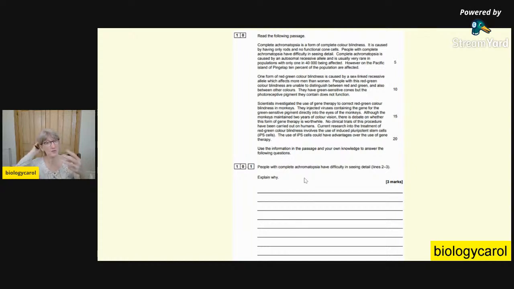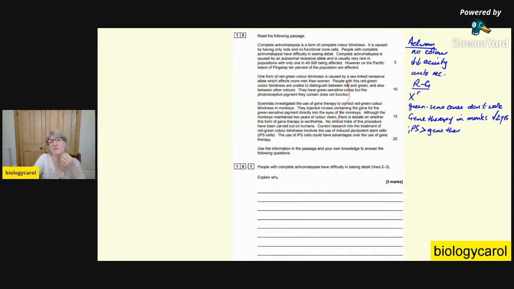That doesn't happen with rods. If the 2 points of light hit 2 rods, because they are connected to only one neuron, the brain only gets 1 nerve impulse. It only perceives 1 point of light. That's why cones give you much greater acuity. They increase your ability to see detail.